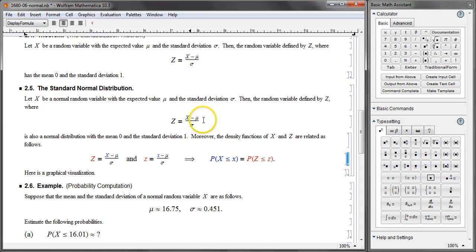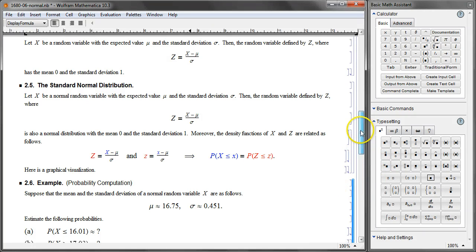We'll have just this standardization formula, z equals x minus mu over sigma. That'll allow us to change problem given in arbitrary normal random variable into standard normal random variable, which you can solve using the z-table.